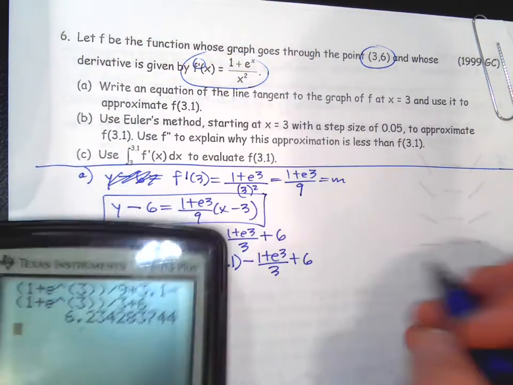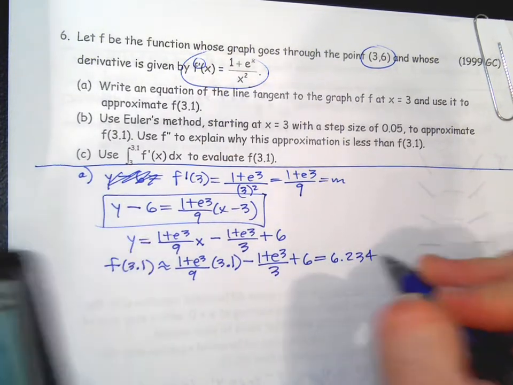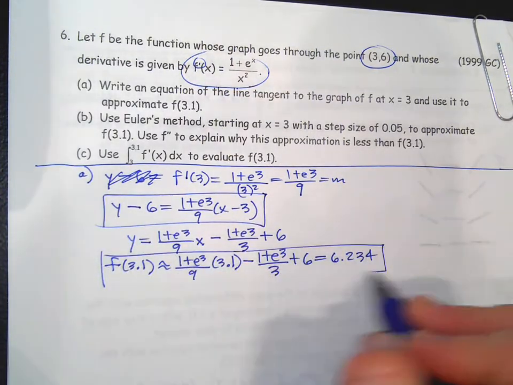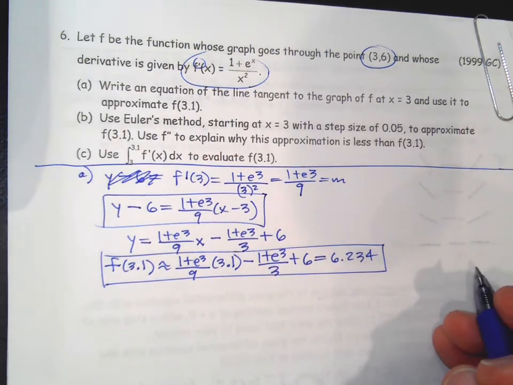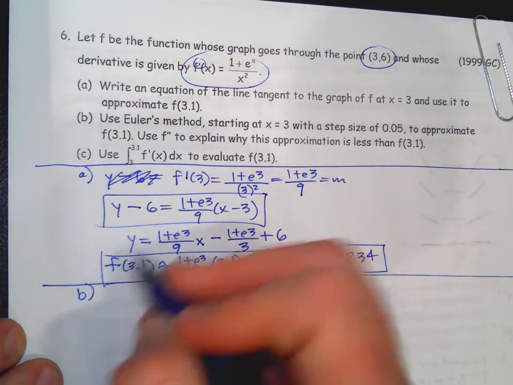That's what you get. 6.234. Round truncated comes out the same. All right. So that's what we did in Calc AB.